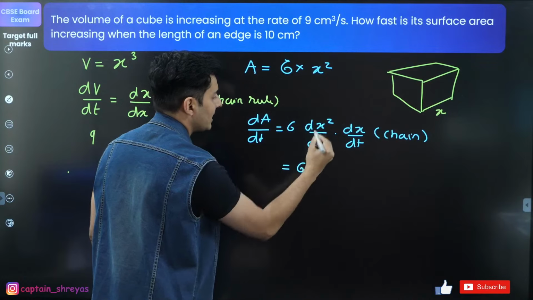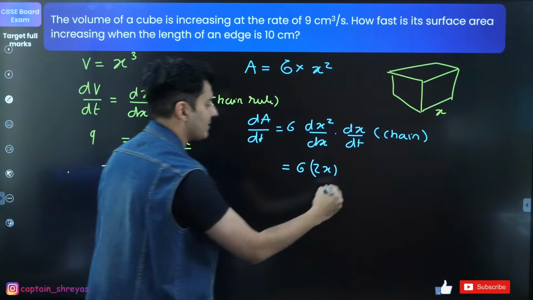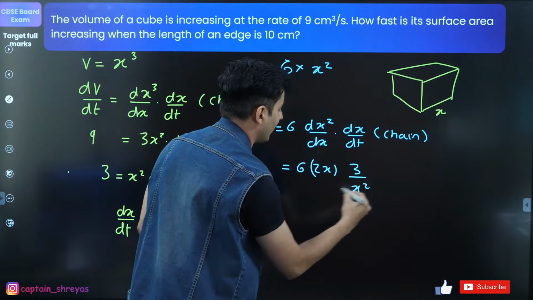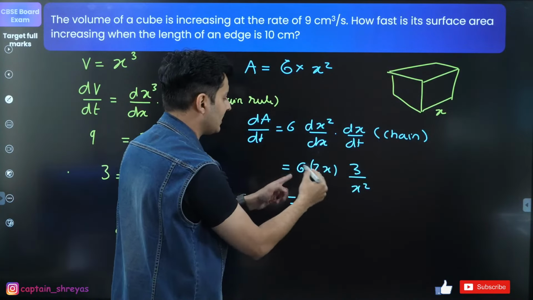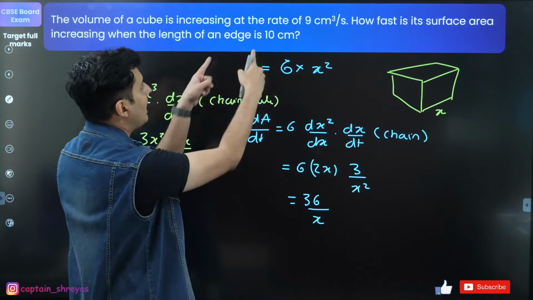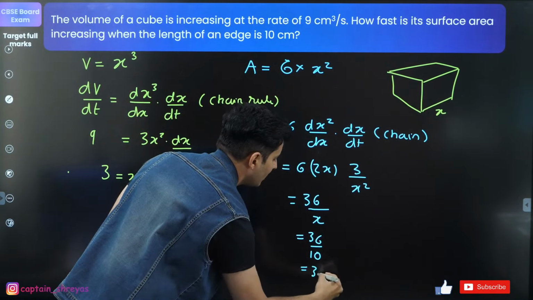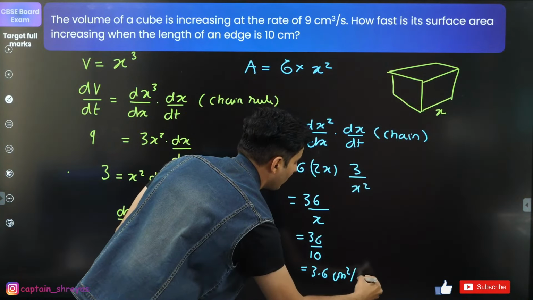So this will become 6 times 2x, since x square's derivative is 2x, times dx by dt, which from here is 3 by x square. So 3 twos are 6, 6 sixes are 36, 36 by x. But the value of x is 10 centimeter. So 36 by 10, which is 3.6 centimeter square per second.